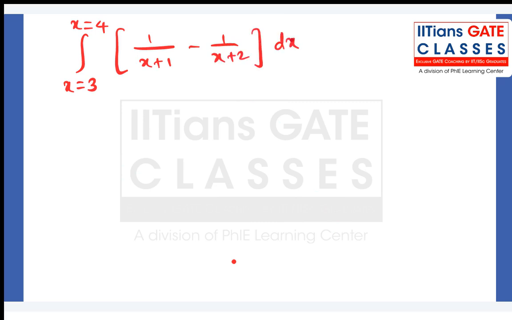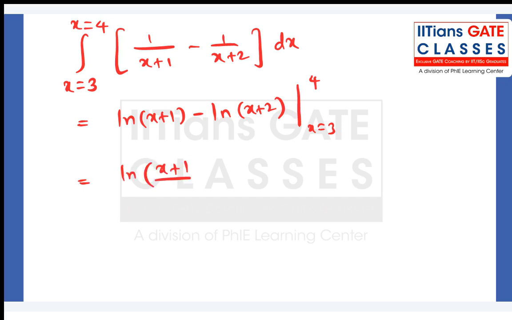Okay, and this is nothing but ln(x plus 1) minus ln(x plus 2) going from 3 to 4. You can write it as ln of (x plus 1) by (x plus 2) going from x equal to 3 to 4 also.